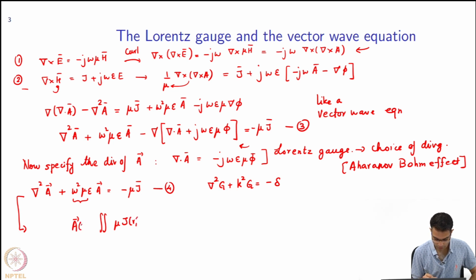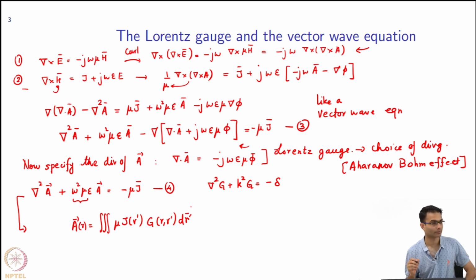A of r is equal to the integral of mu J of r prime, G of r minus r prime, d r prime, a vector, okay, in general 3D. If the problem is 1D, 2D, 3D, that many integrals is what you will have, right.